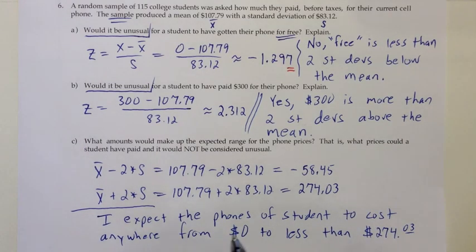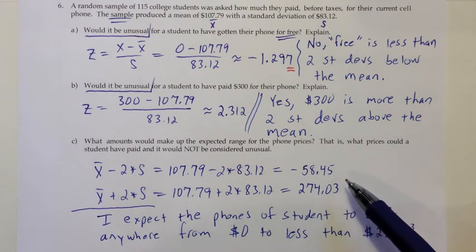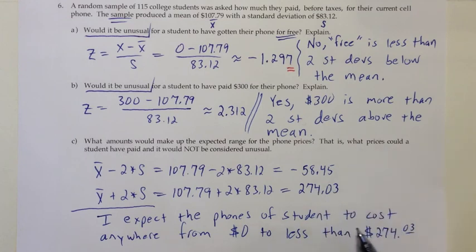So that's our expected range. Again, it could be anything in this range, but I don't expect that you're going to get paid to take a phone. It may be free, but I wouldn't expect the negative to make sense. So I would cut off the lower end at 0 and then say anything up to less than 274.03. All right.